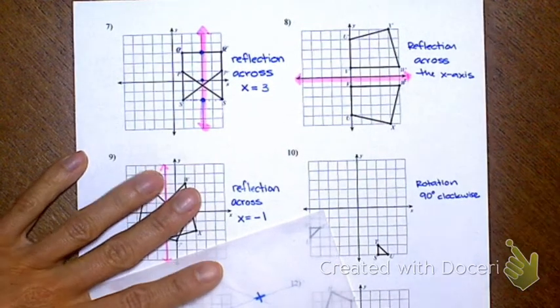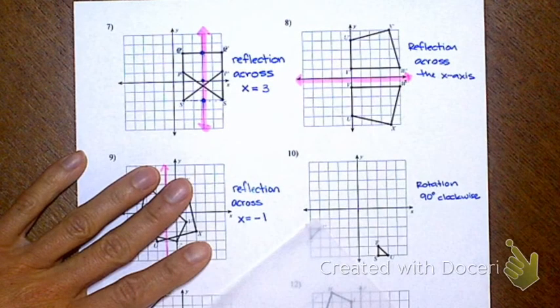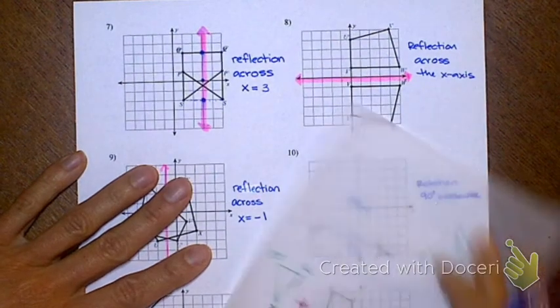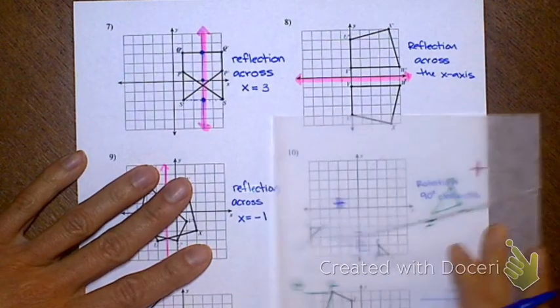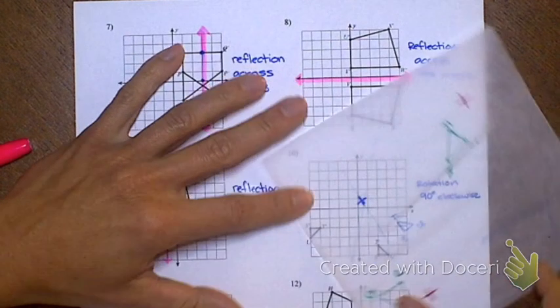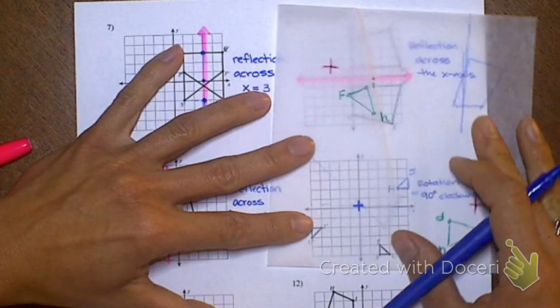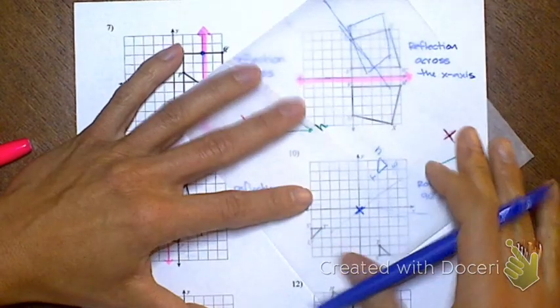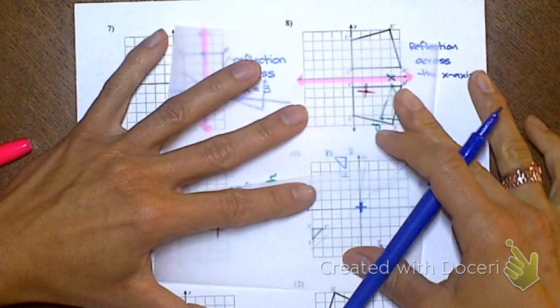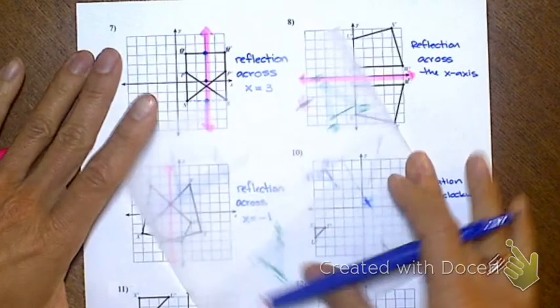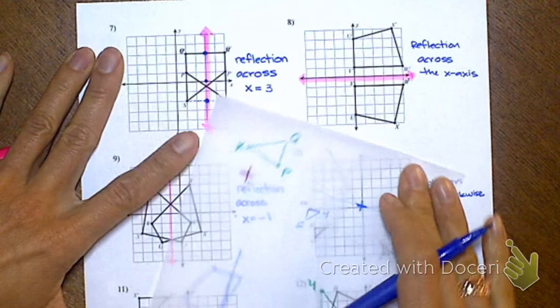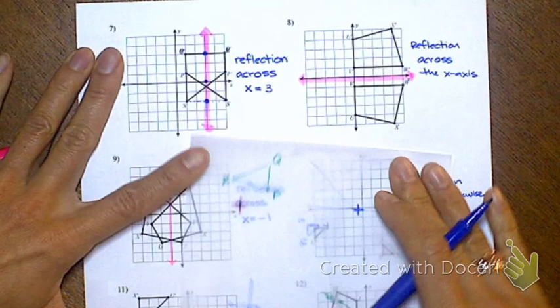Now, is there another possible answer that could have been correct? What if when I started rotating, I went the other way? What if I went counterclockwise, 90, and then 180, and then 270? Would I be able to get there?